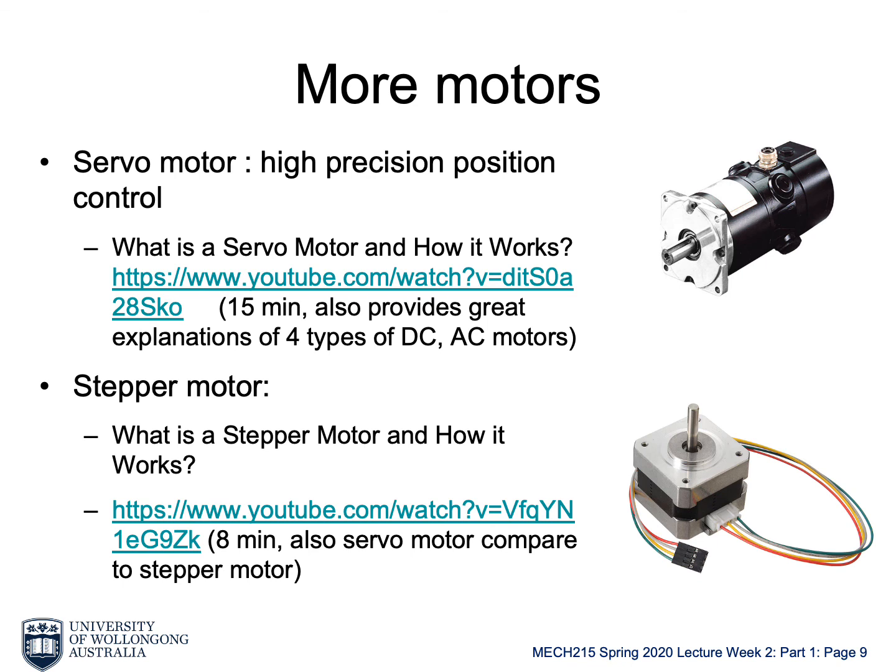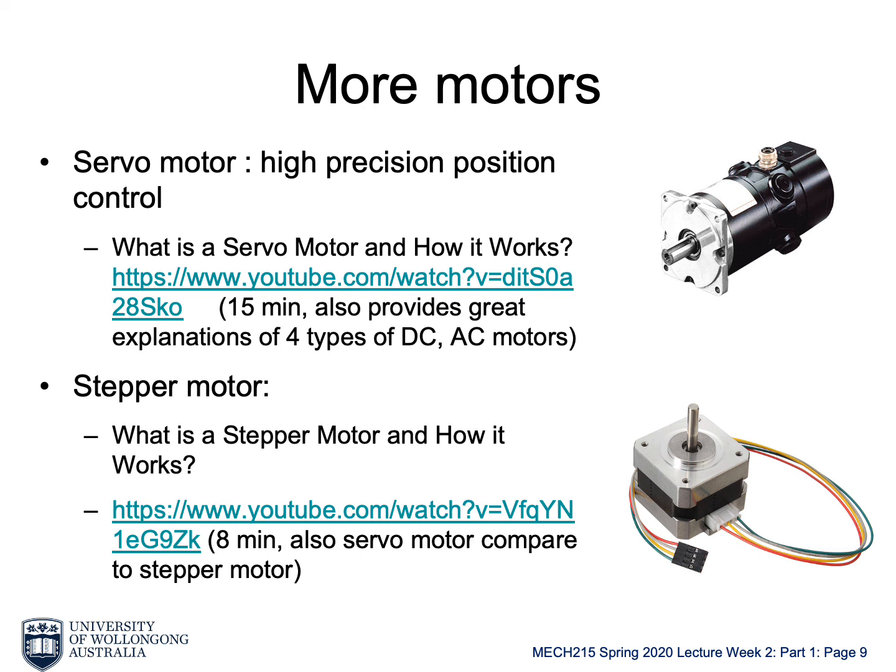You must have heard about other names for motors such as servo motor and stepper motor. I put two links of good videos to explain the mechanism and the principles of those two motors and the differences between them.